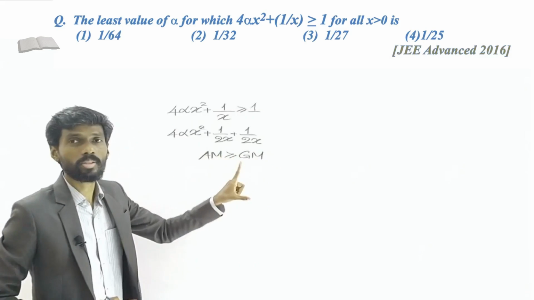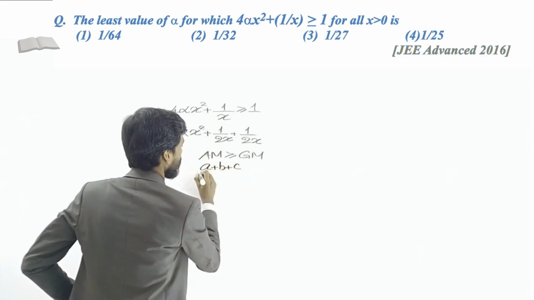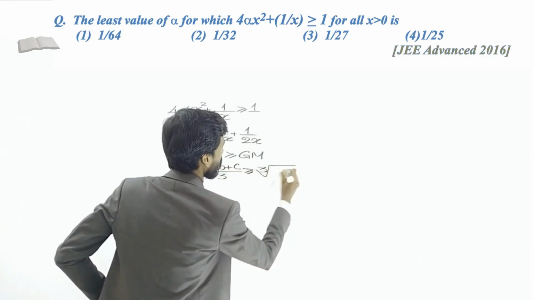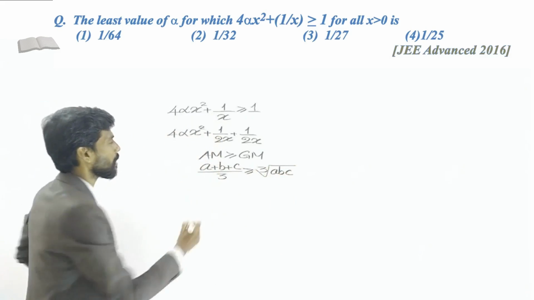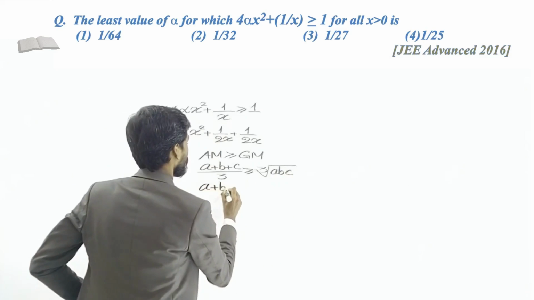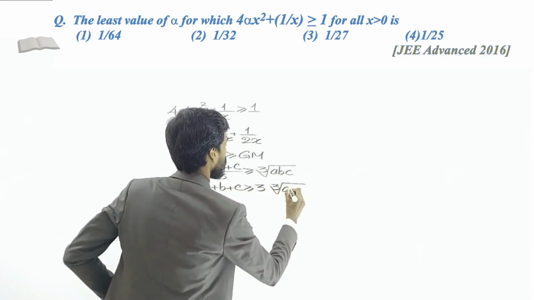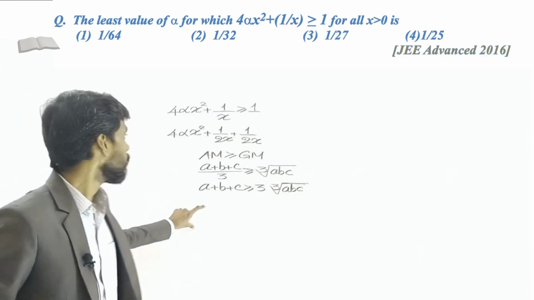So AM greater than or equal to GM. What is the arithmetic mean of three numbers? a plus b plus c divided by 3 is greater than or equal to the cube root of the product of numbers a, b, c. So a plus b plus c is greater than or equal to 3 multiplied by the cube root of abc. Let us use this idea to find the minimum value.